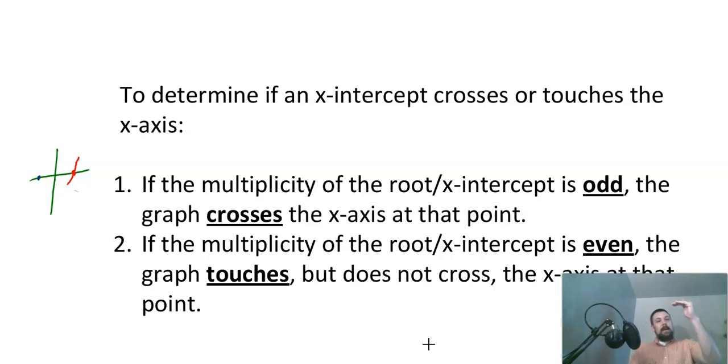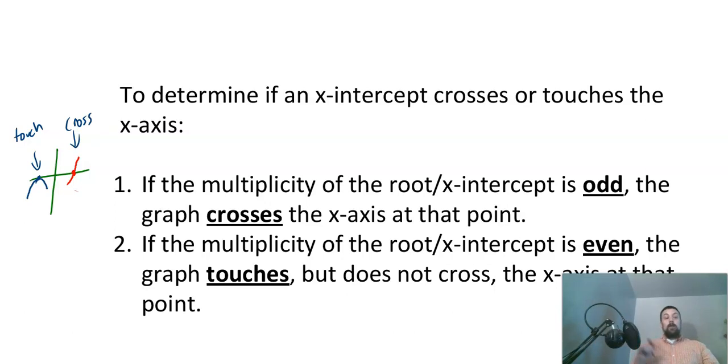So it reaches the x-axis and then heads back in the direction that it came, right? So for example, it could reach that point on the x-axis, and instead of going through, it could bounce back down like this, right? So this is what it looks like if the graph is only touching the x-axis. This is what it looks like when it's crossing, right?